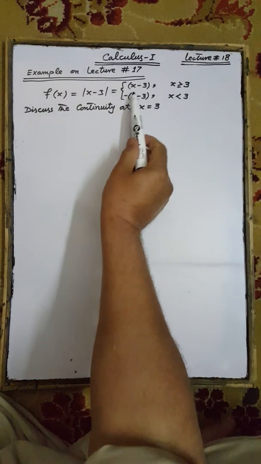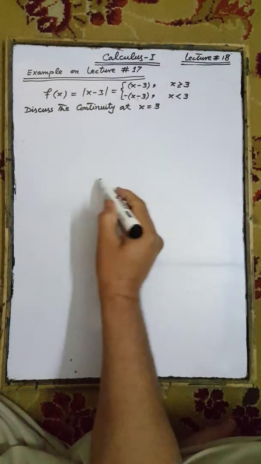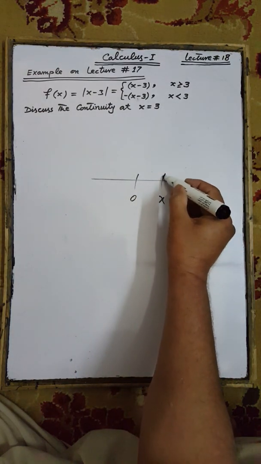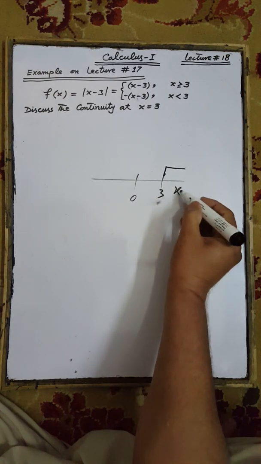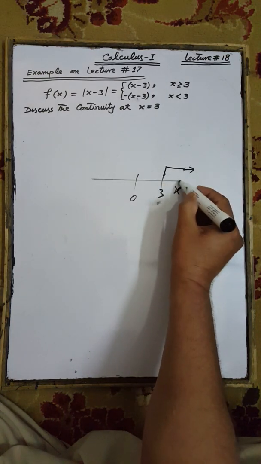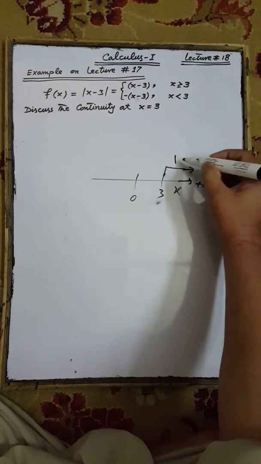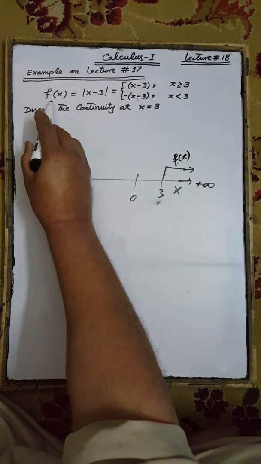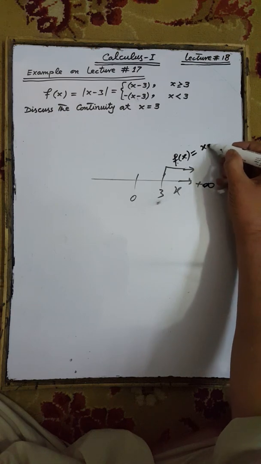Now, the interval of calculation for the given function is clear. That is, when the value of x is equal to 3 or greater than 3, the function f of x is calculated as x minus 3.